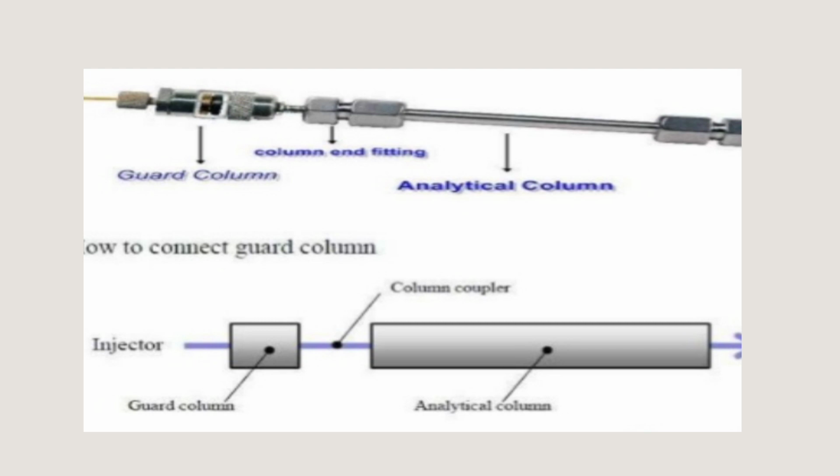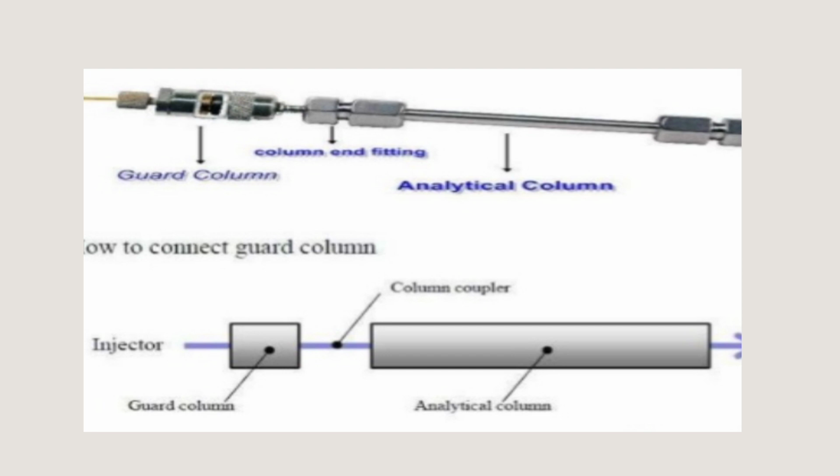Any type of contamination present in our solvent will be removed by the pre-column, and after conditioning it will go to the analytical column. So ultimately it will protect our analytical column. The size of the pre-column is also smaller compared to the analytical column, approximately 2 to 10 centimeters, and the size of the analytical column is 10 to 25 centimeters.